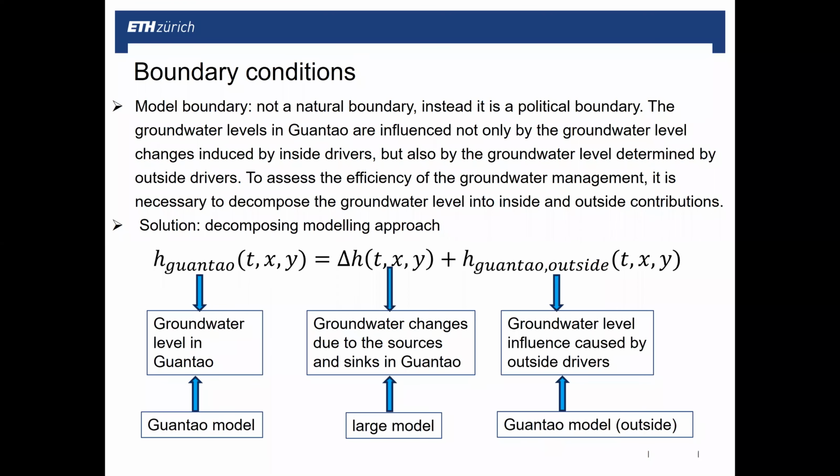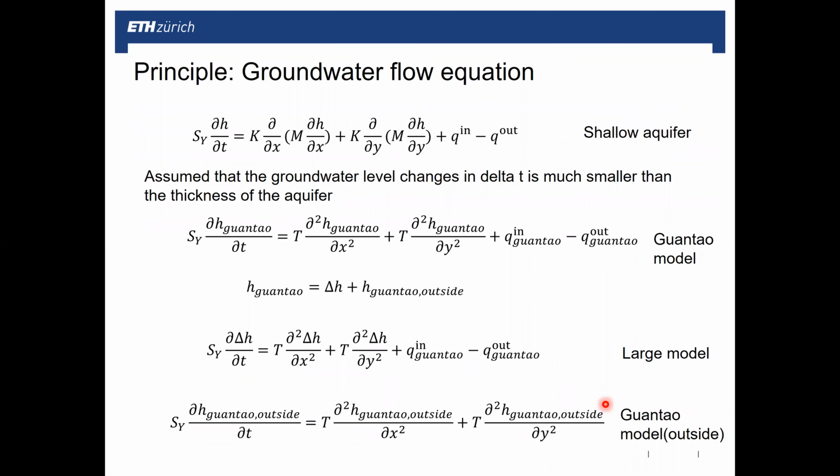Now, in order to develop the numerical model, we also need to understand the groundwater flow equations. The first one is the groundwater flow equation for the shallow aquifer. Here we know that this M is the aquifer thickness.